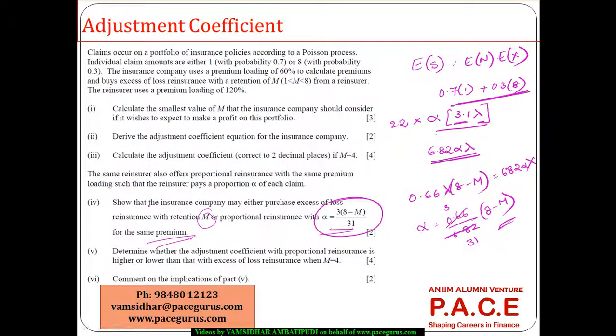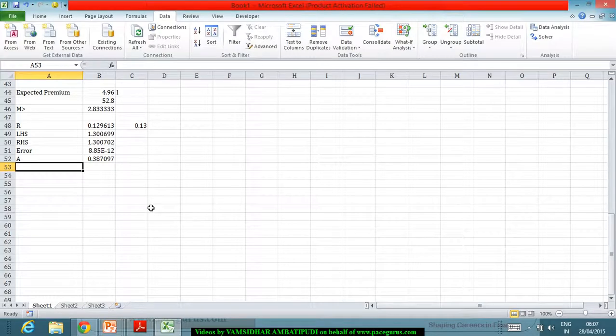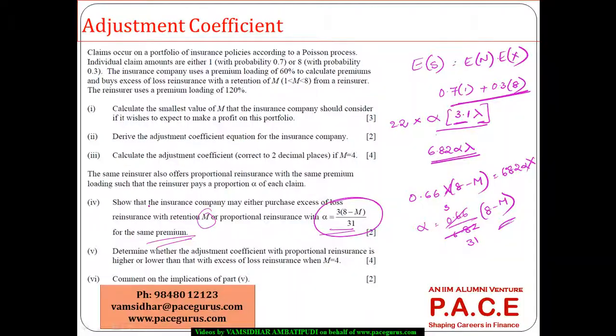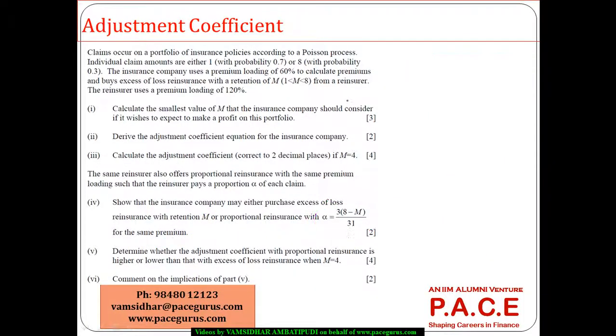So when I am setting my retention level, the payout from the reinsurer's perspective, if the reinsurer is ready to pay 38.7%, the remaining is what is borne by the insurer.